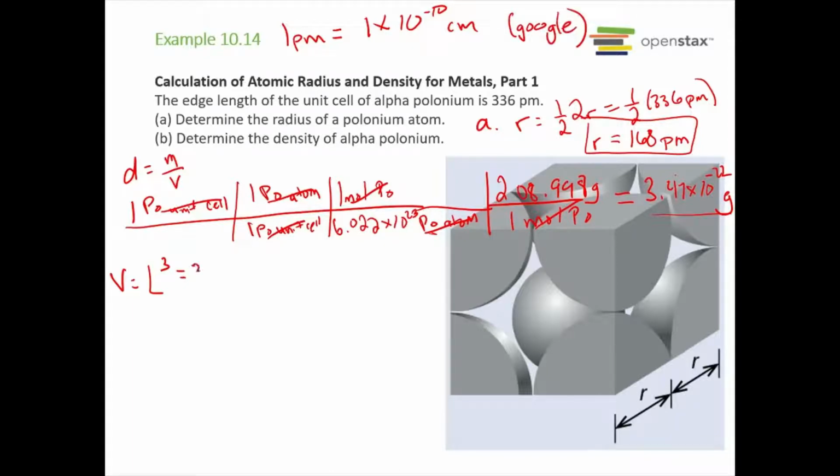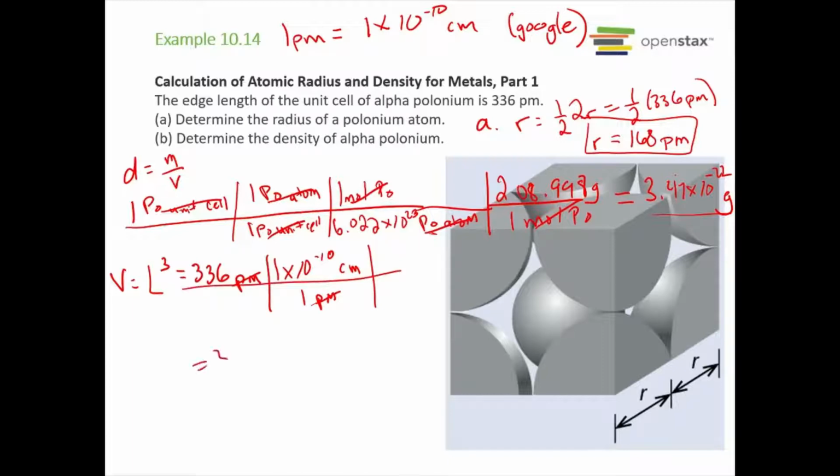So we have 336 picometers, and we first want to turn these into centimeters. We have 1 times 10 to the negative 10th centimeter for every 1 picometer. And then to get volume, we need to cube this length.